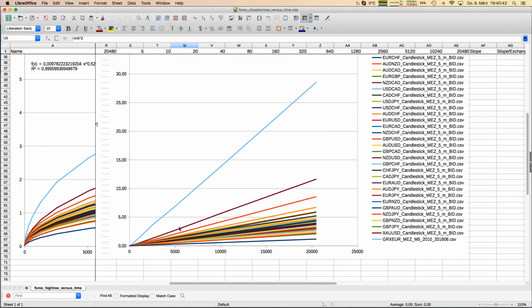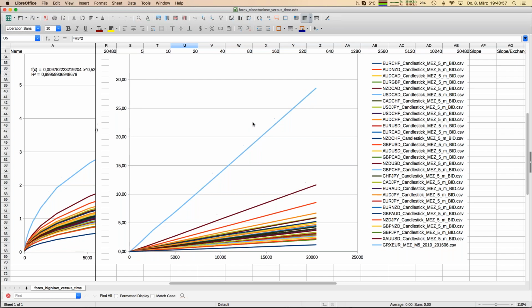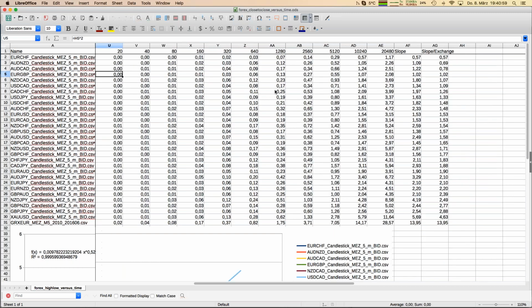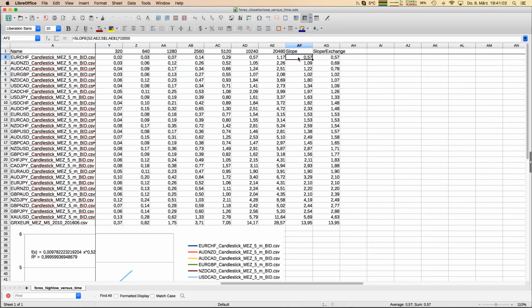The reason is because we are extremely close to that square root behavior, and now the slope here is exactly A, the one we want to derive, that number. So squaring and then simply calculating the slope directly here in Excel is straightforward, and then we know for each underlying the prefactor A.